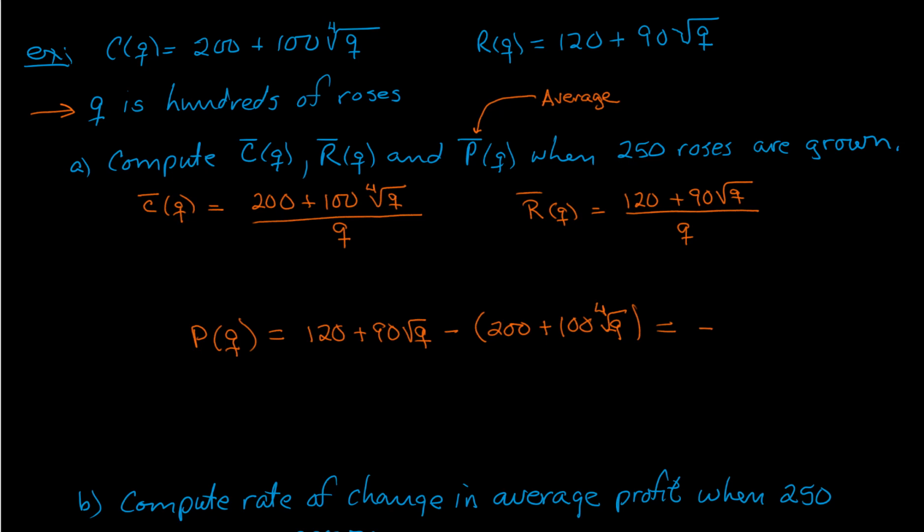That's going to be a negative 80 plus 90 times the square root of Q. Then we're going to have minus 100 times the fourth root of Q. Now that is not the average profit. That is our profit function.